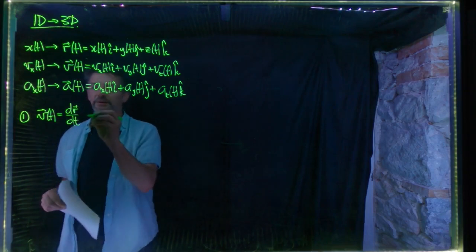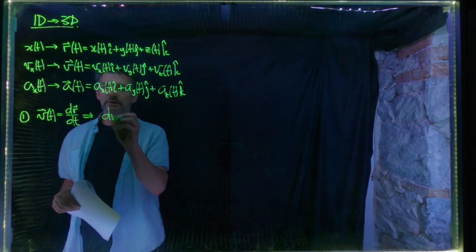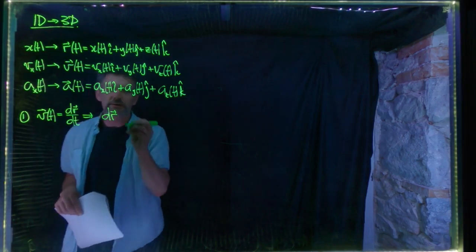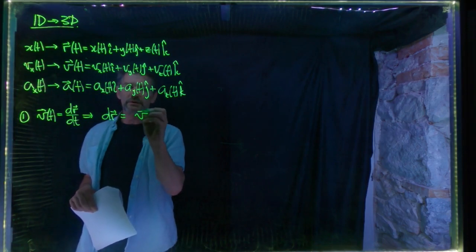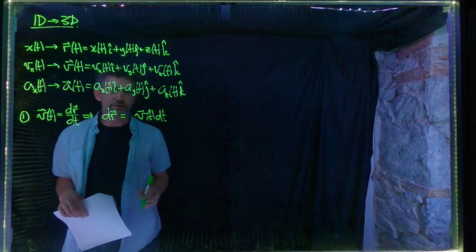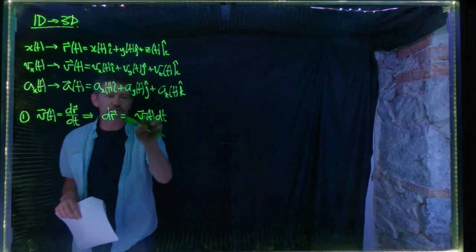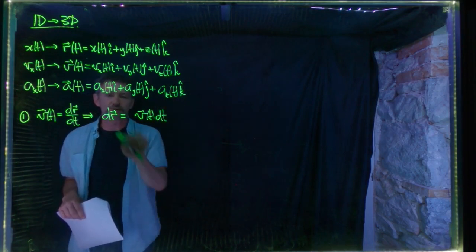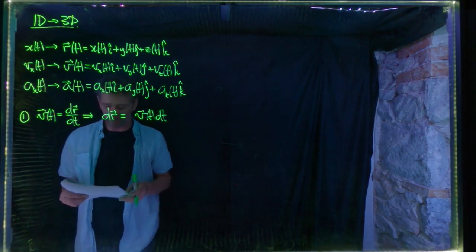And so what we get is dr, an infinitesimal change in the position of the object, is equal to the velocity of the object at that instant of time times the infinitesimal change in time. So meters per second times seconds is meters of displacement under that velocity, in that direction. Okay, the displacement is in the direction of the velocity. dr is proportional to the velocity.